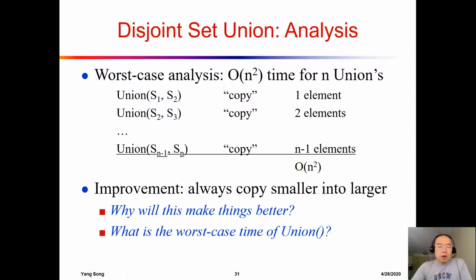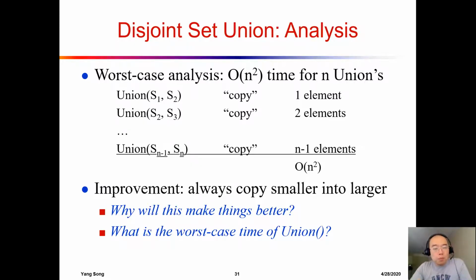The next topic is how we can make the union a little bit faster. The idea is, instead of always copying the first set to the second set, we do a comparison. When we are unioning S1 and S2, I compare them and copy the smaller set into the larger set.